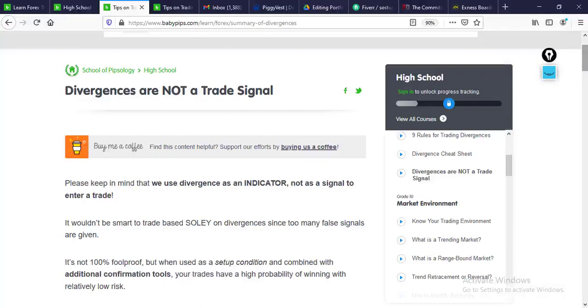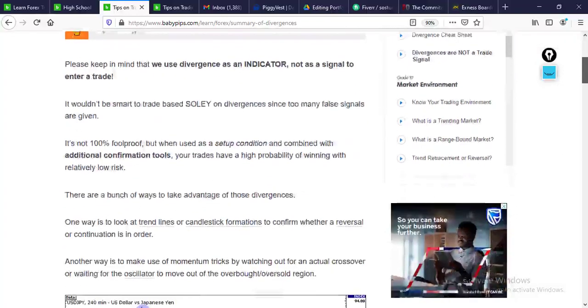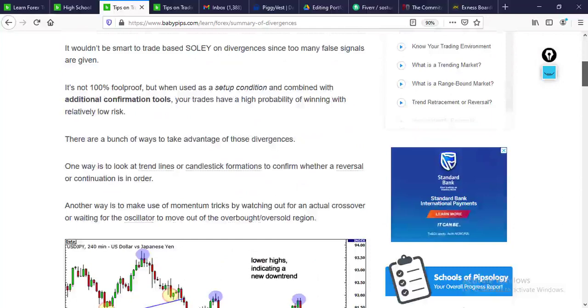So you just cannot base all your trading solely on divergences. You use DVs as a setup condition combined with additional confirmation tools, and that way you have a high probability of winning your trades with relatively low risk.